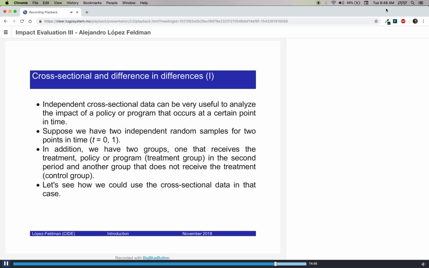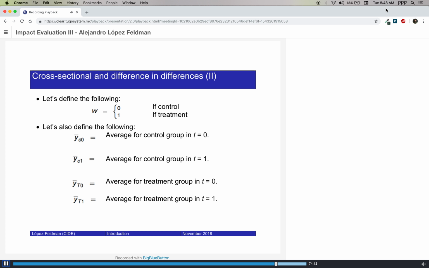So how can we use this information? Well, we're going to define what we have talked about. W is going to be 0 if the observation is in the control group, and 1 if it is in the treatment group.